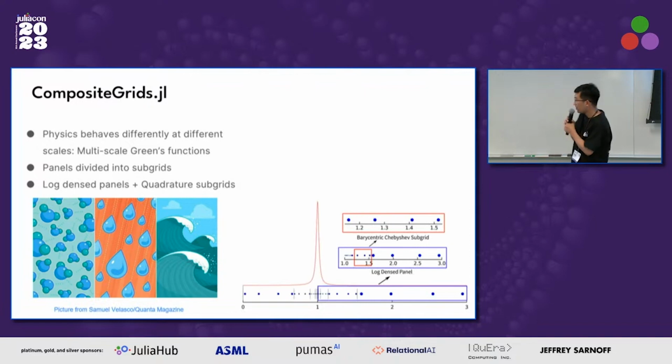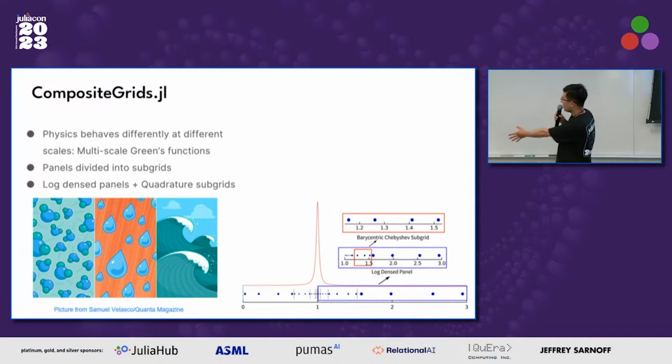As an example, here we have a Green's function which is mostly flat, but exponentially sharp around point 1. To capture this behavior, we use composite grids, which is basically panels divided into subgrids.